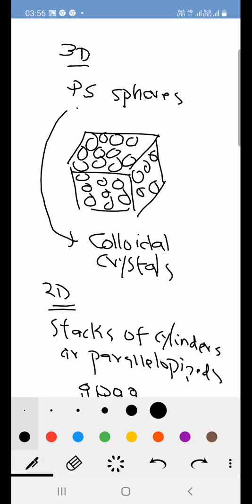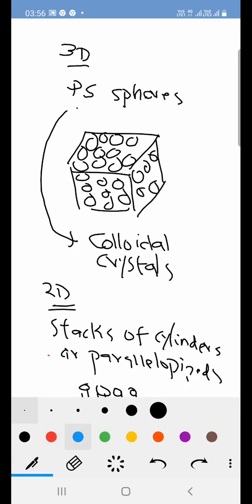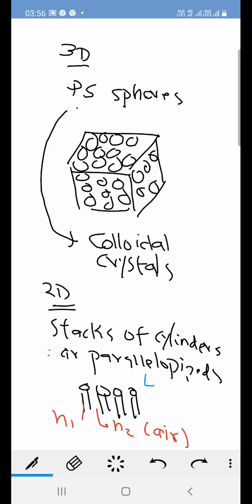Say the cylinder has a refractive index N1, and the gap between them is N2, which may be air. Examples of these are the photonic crystal fibers.